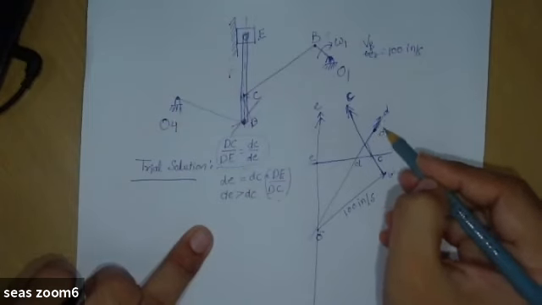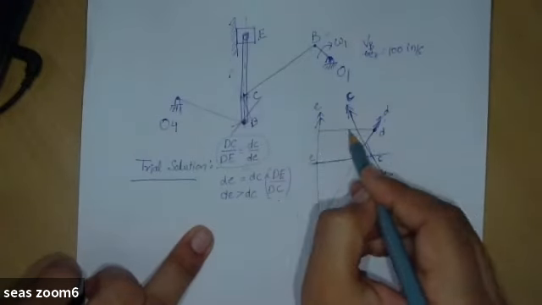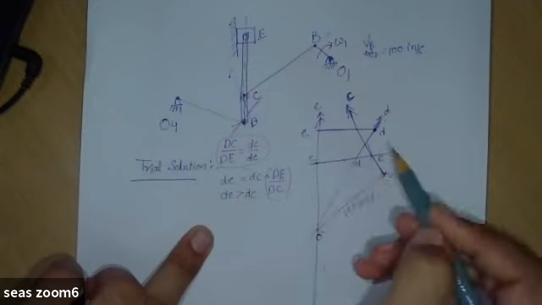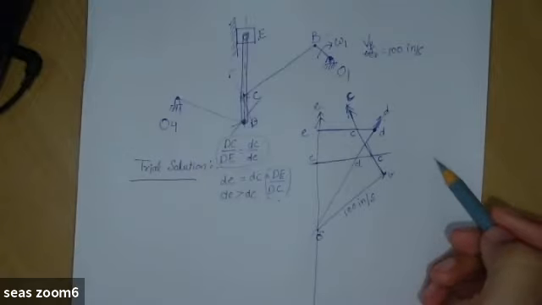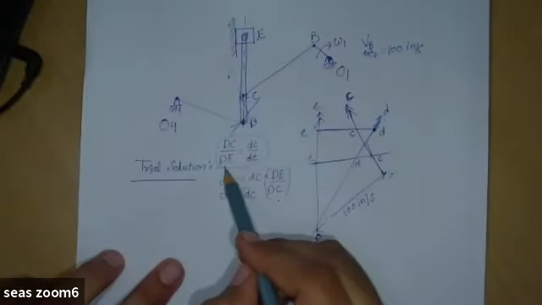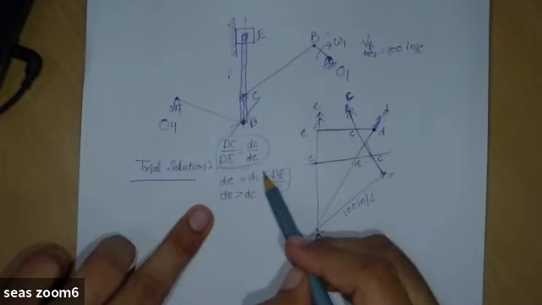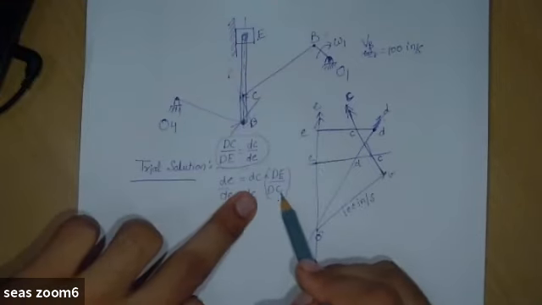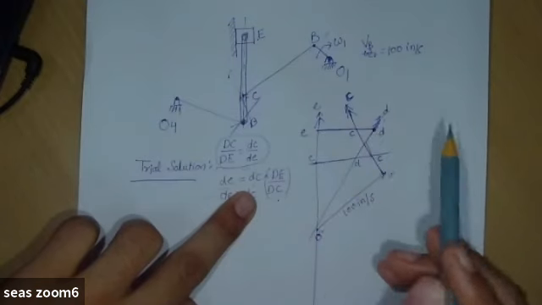Again, the next trial is D is now here, and let's draw again a line like this, and let's say this is point E, this becomes point C, and this becomes point D. Now you should look at the dimensional variations such that this equation gets justified. So it means that if DE is equal to DC over this ratio, then you can say that this is the correct line.